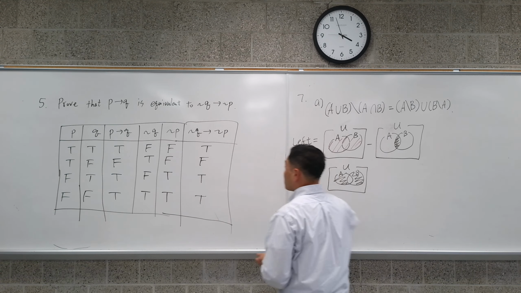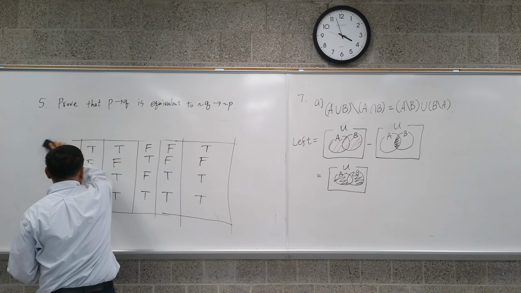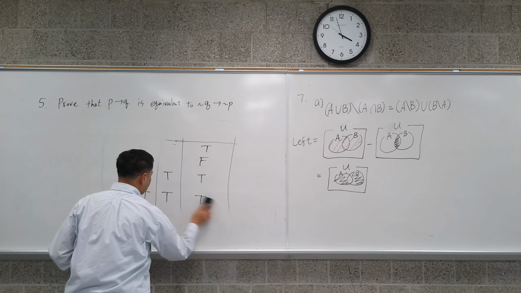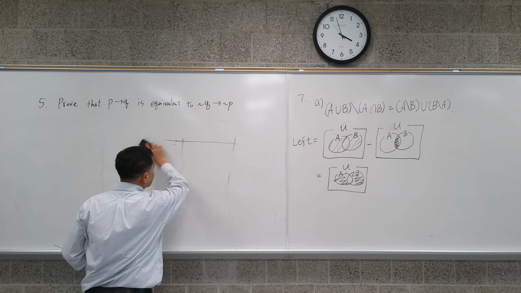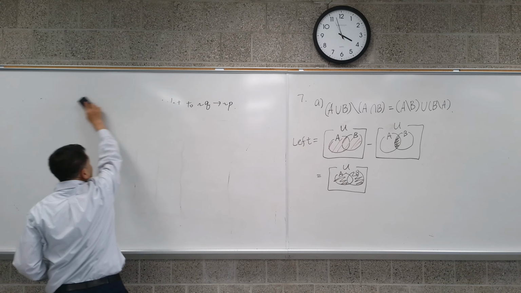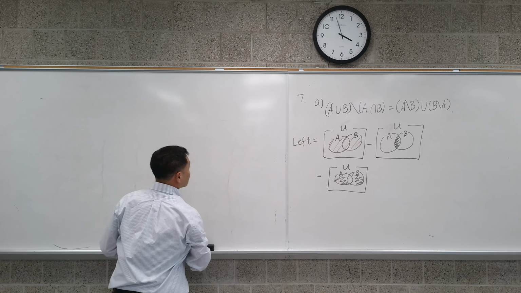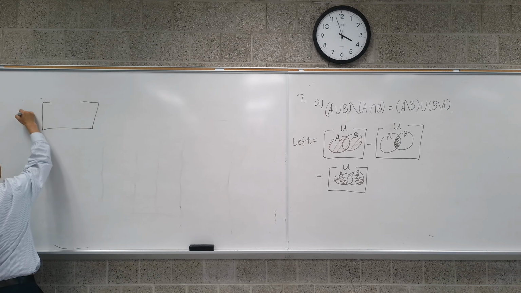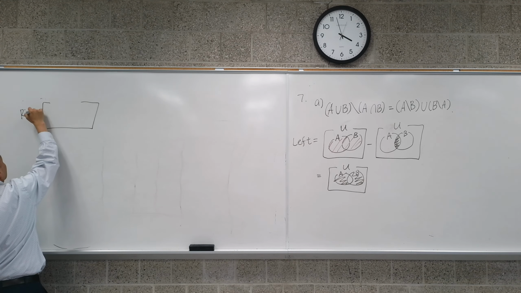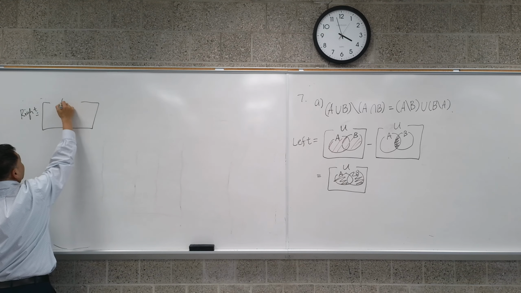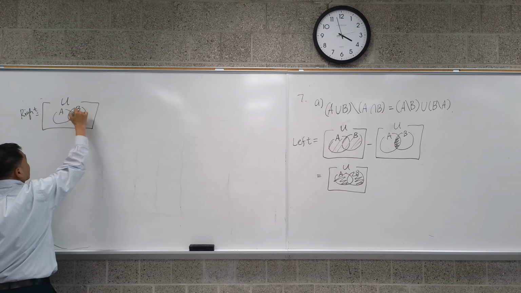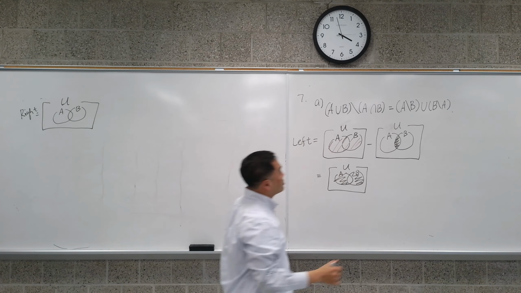Let me try to draw the right side here. So the right one first has A and B. So what is this?